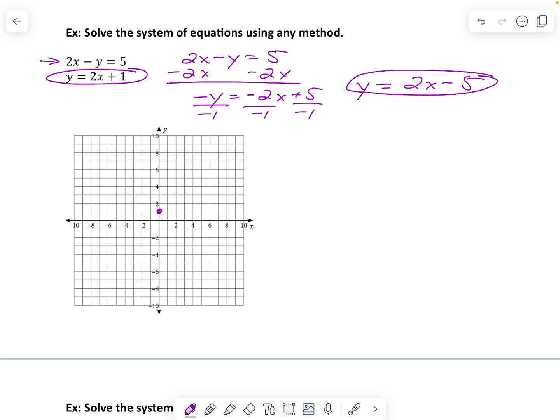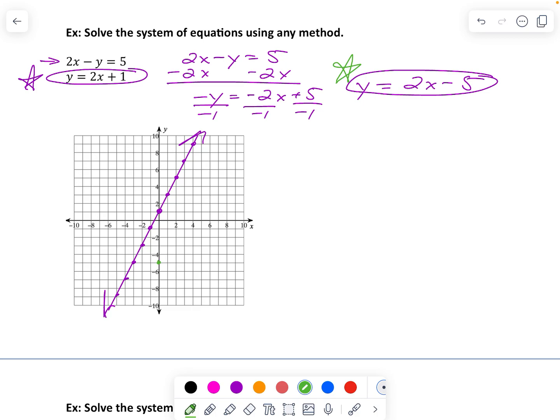So here we are at +1. I'm graphing this one first. Up 2 over 1, up 2 over 1, up 2 over 1, and so forth to graph the best line that we can here. And that is the first one, so that's purple. I'm going to graph the other line in green.